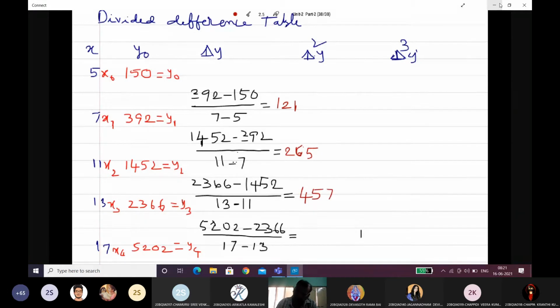Next, 5202 minus 2366, 709. Right. These are the first divided differences.